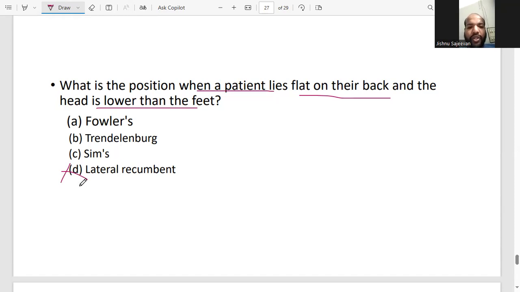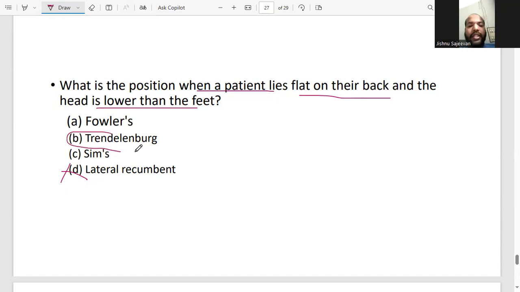The next option, Fowler's or semi-recumbent, is not the condition for a semi-recumbent position. Then this is not at all simple position. Here, the important thing is that the head is lower than the feet, or the feet are elevated. Then the answer is Trendelenburg position.